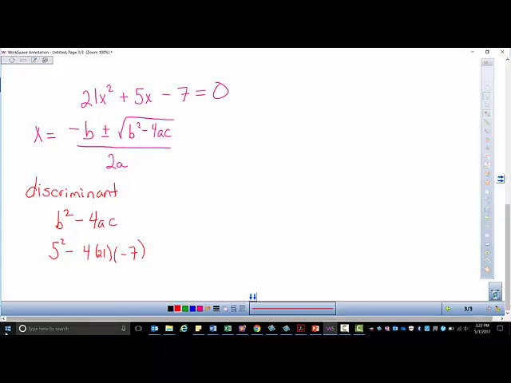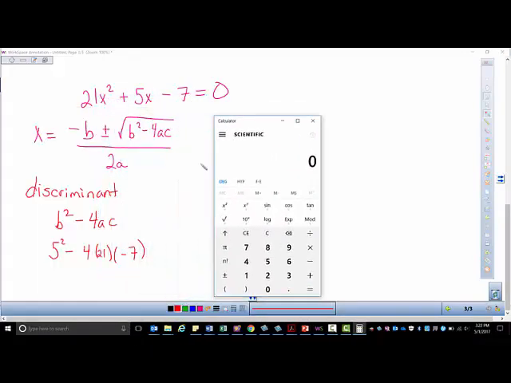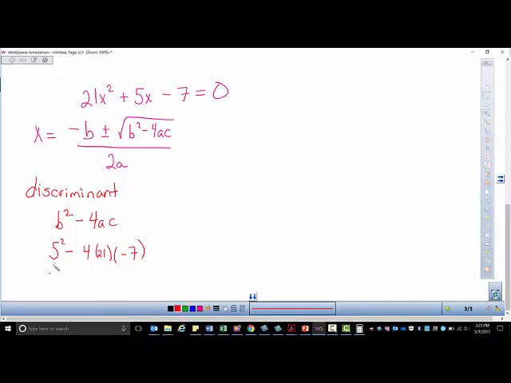And it looks like I'm going to need a calculator, so let's get that out. 4 times 21 times 7 is 588. Okay, so I get 5 squared, so 25, and a minus and a negative become a plus 588.